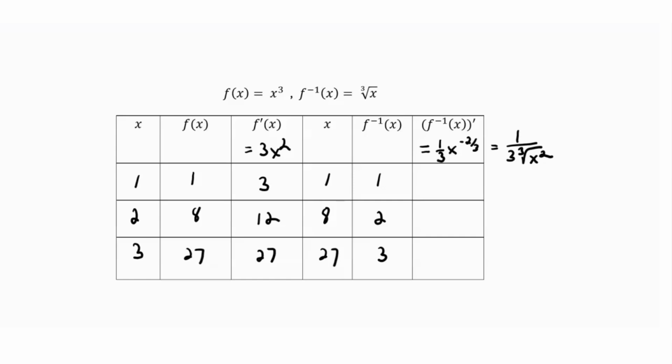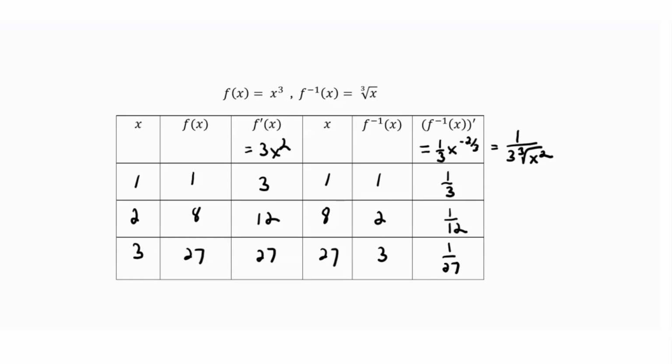What happens when we plug in x equal to 1? We get 1/3. If we plug in 8, we would get the cube root of 8 squared, which would be 4, so we would get 1/12. If we plug in 27, the cube root of 27 is 3, 3 squared is 9, 9 times 3 is 27, so we would get 1 over 27.